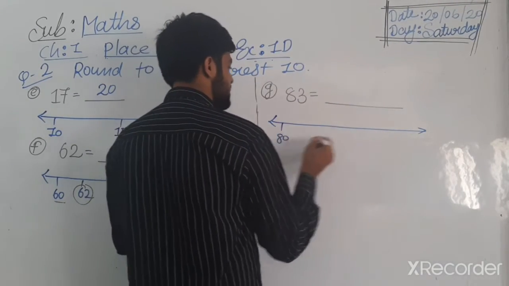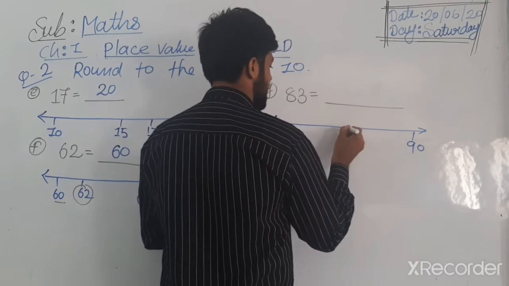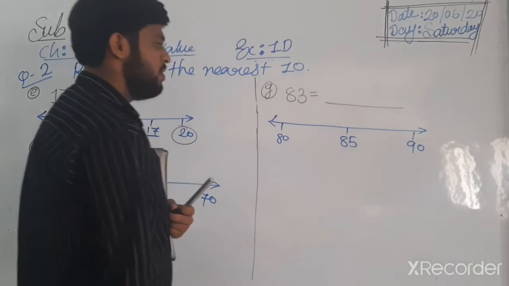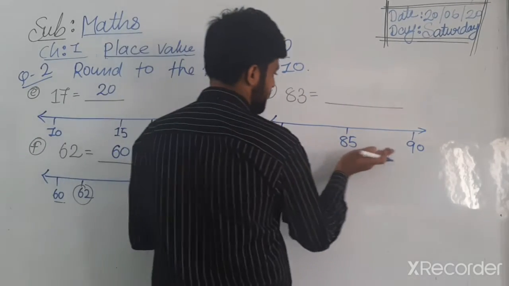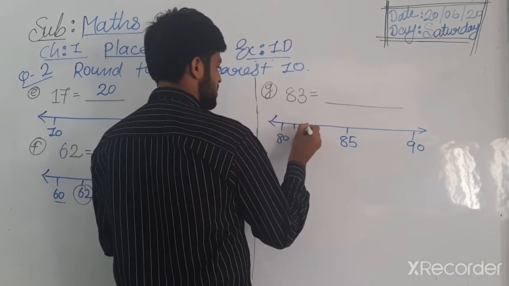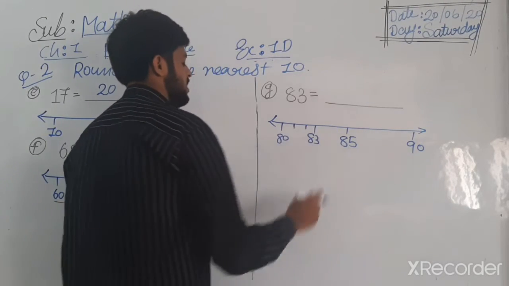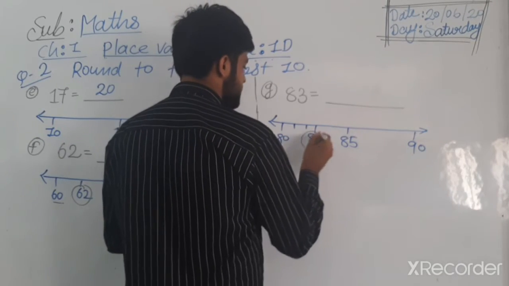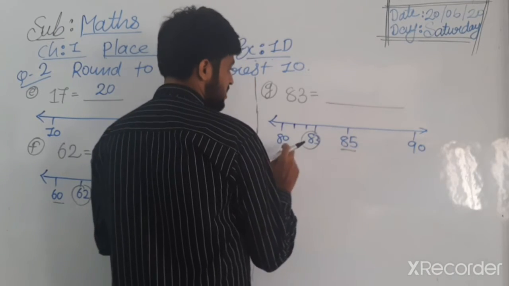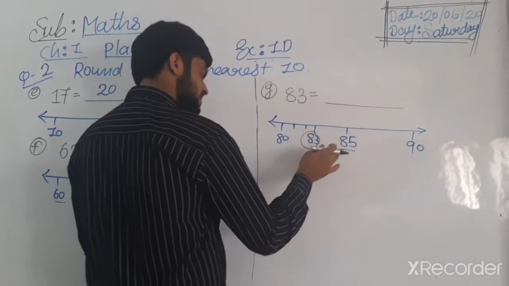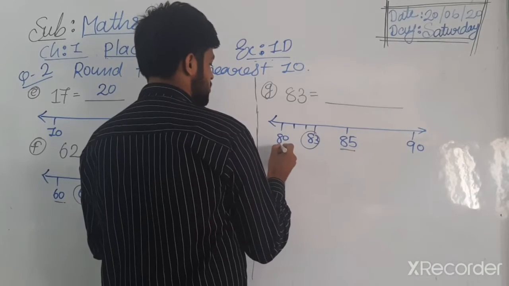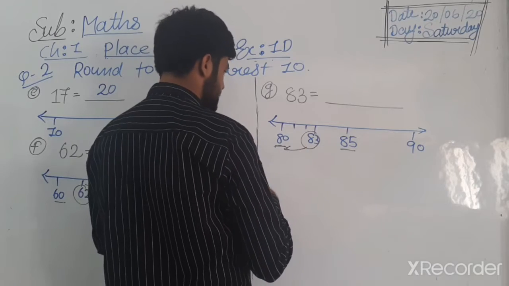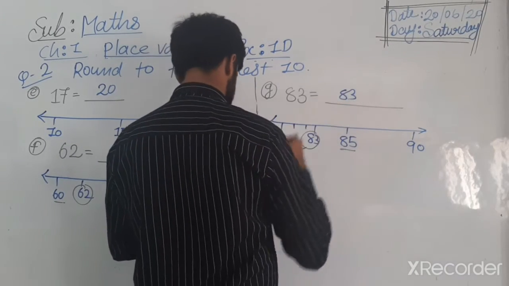So 80 and 90, and the halfway midpoint is 85. 83 comes between 80 and 85, so we check the nearest number. 83 is nearest to 80, so we write 80.